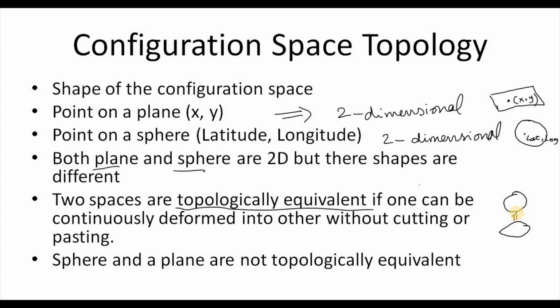With a minor deformation, you can change a sphere into an oval shape without cutting or pasting, but you cannot convert it into a plane or vice versa.